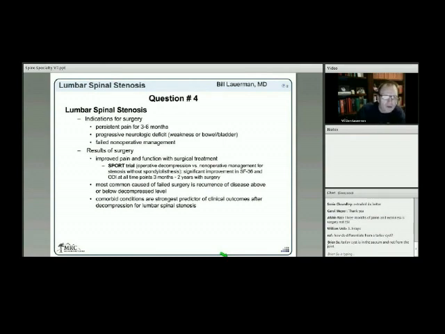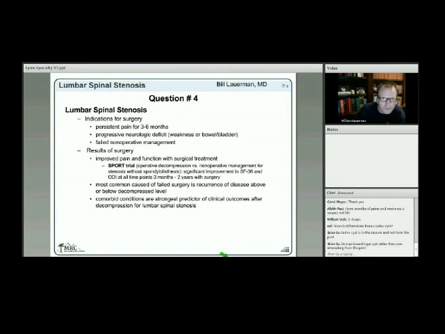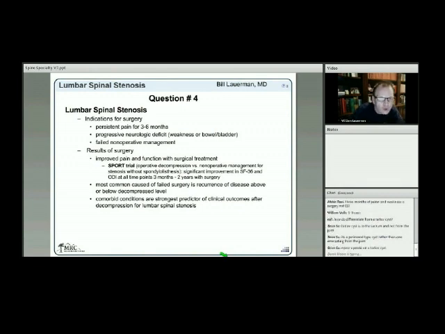Generally speaking, a number of studies, including the most important, which is the SPORT trial, which is a testable literature reference, basically. The SPORT trial has demonstrated improved pain and improved function with surgical treatment in spinal stenosis versus non-operative treatment at 2 years following surgery.